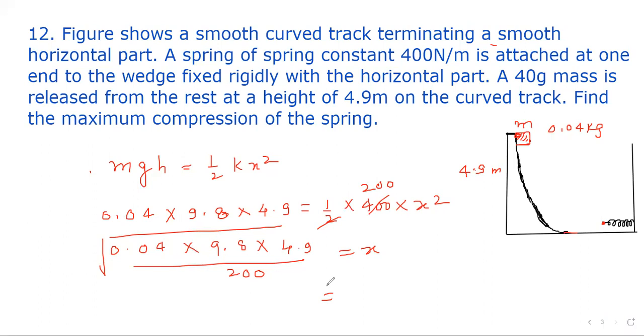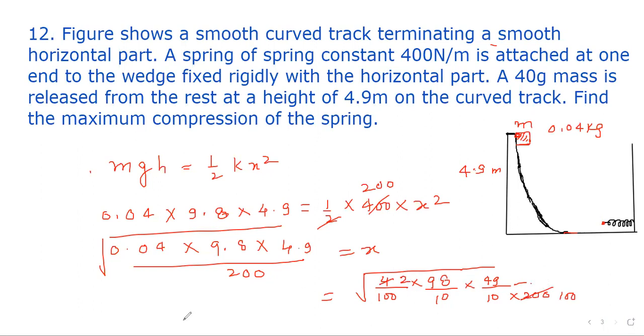Here we can convert all numbers, like we write it 4 upon 100 into 98 upon 10 into 49 upon 10 into 200. Here 2 and this will become 100.